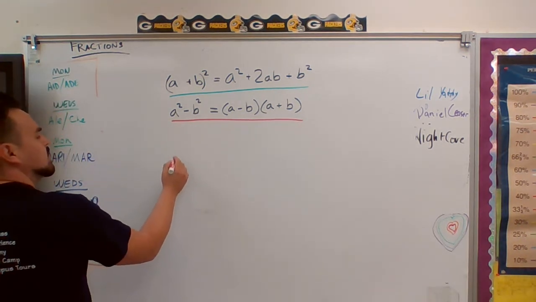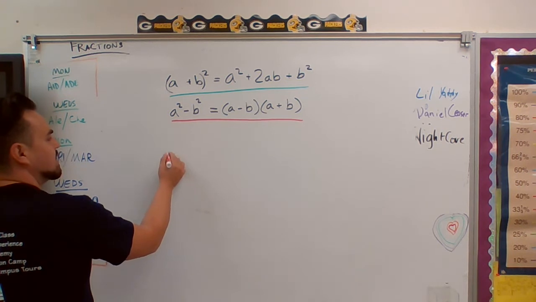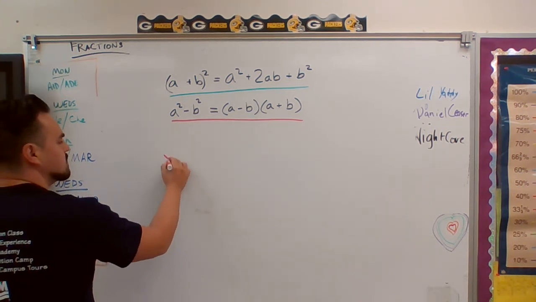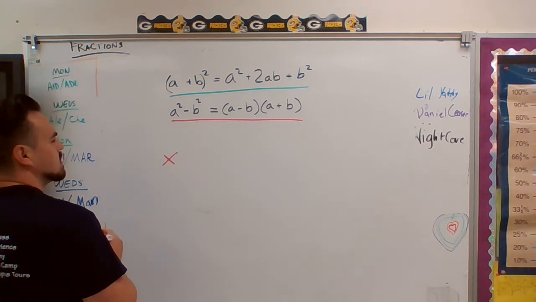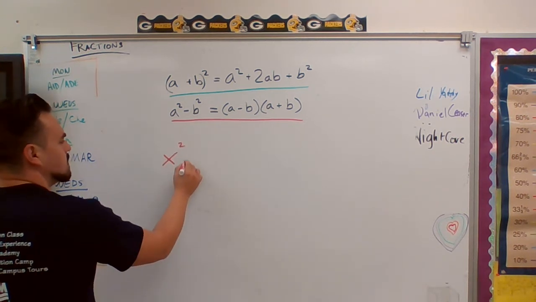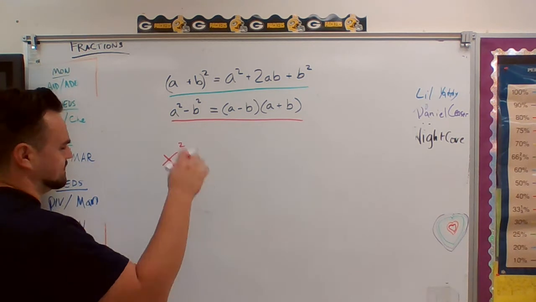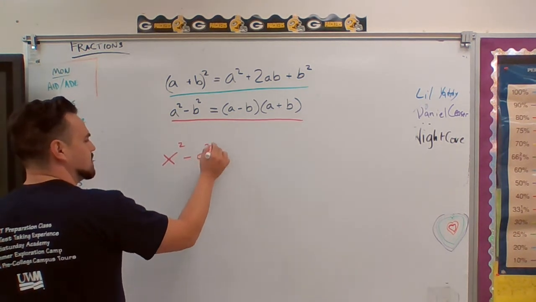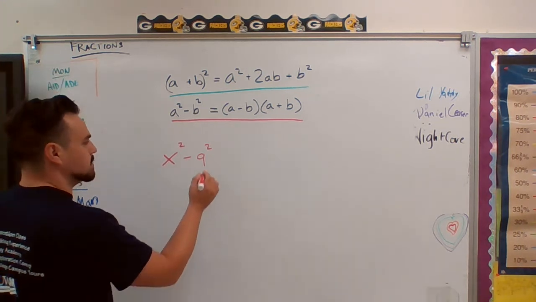All right, let's say that we have, for our a, in this case, I'm going to go left to right this time. For our a, we have x, and that'll be squared, minus, let's go with, I like 9 squared. I like it. I don't know why, but I do.